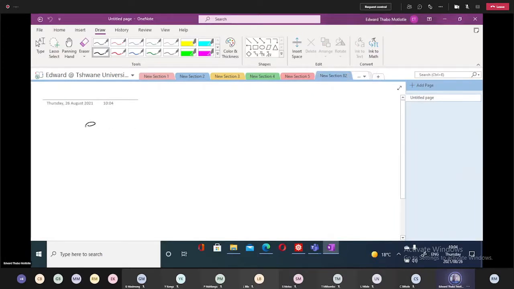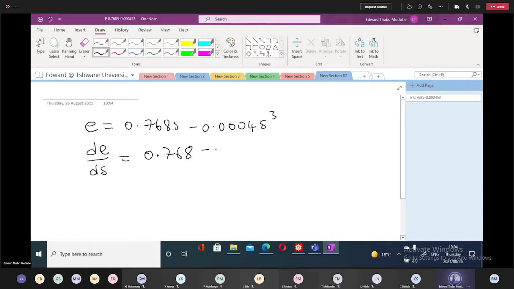So we are given E equals 0.768 S minus 0.0004 S cubed. You differentiate with respect to S. We have 0.768 minus 3 multiplied by 0.0004 S squared, and we equate it to 0.